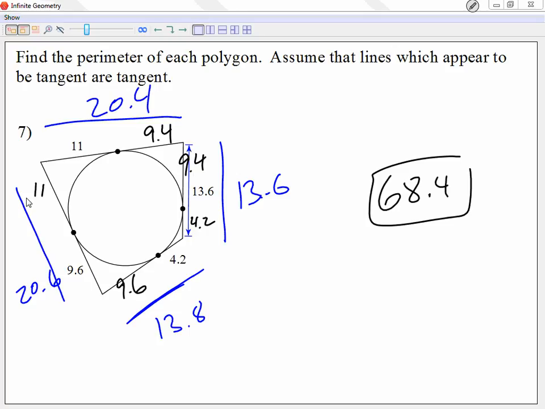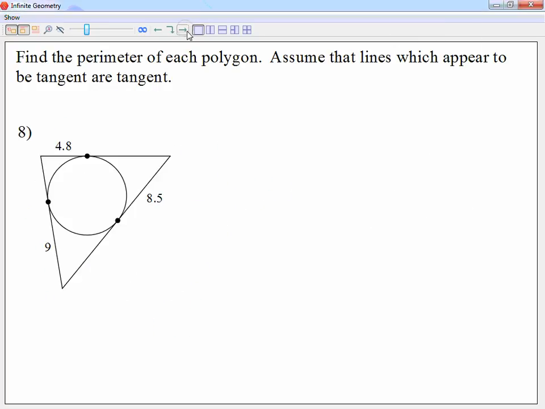Right, so any questions from 7 to 12? Yes. Another one? Sure. Take a look at number 8. Looking at this little part is 4.8. I'm going to say this other side right here is 4.8. Then I'm going to say this part right here is 8.5. So see those two tangent segments are 8.5 each. And then this little part right here is 9, because those two are equal to each other.